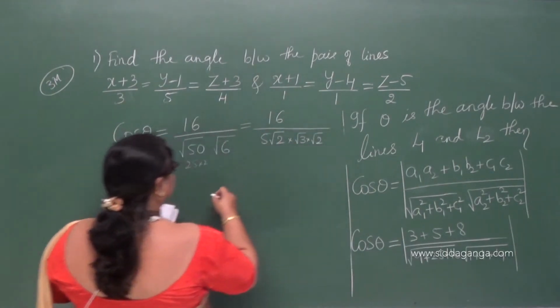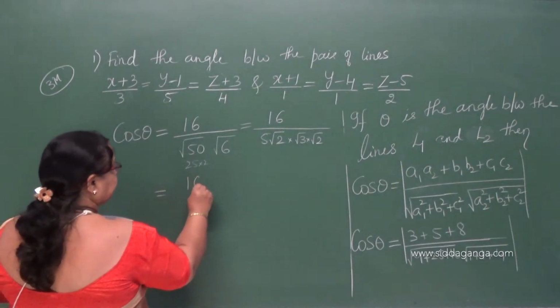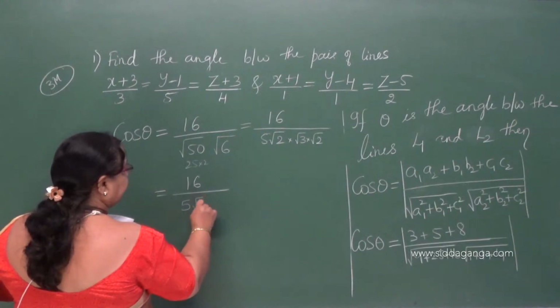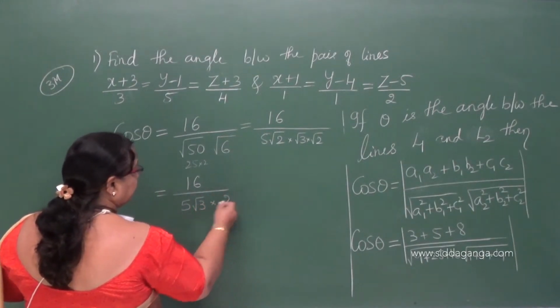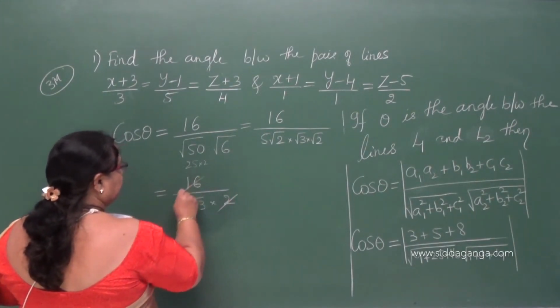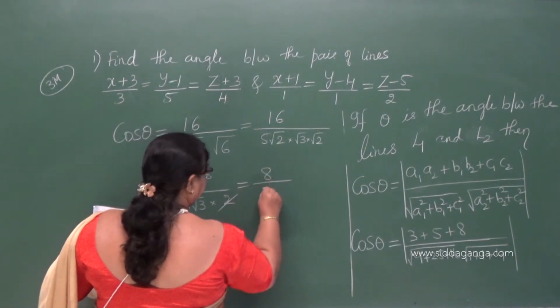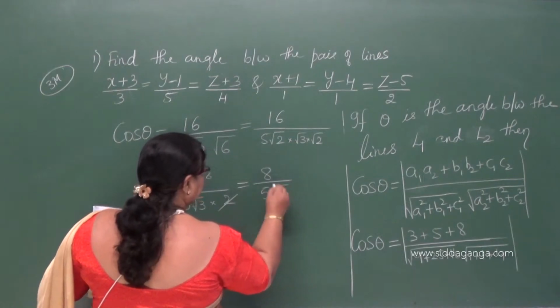Now this becomes 16 divided by 5 into root 3 root 2 into root 2, that is 2, 2 ones are 2, 8, that is 8 divided by 5 root 3.